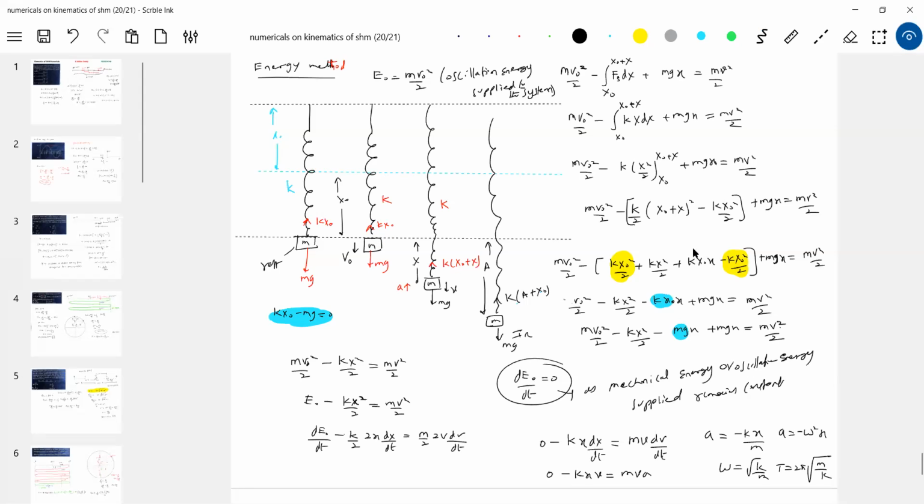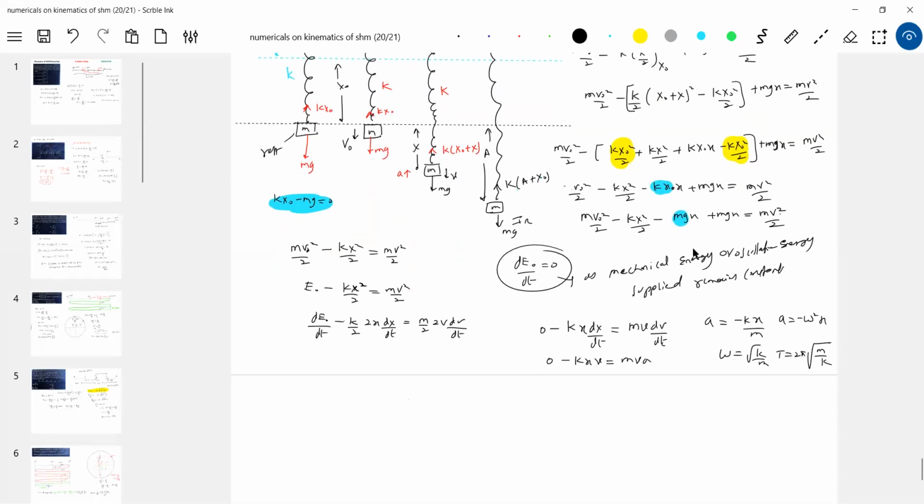That's why in the books, nobody has done it like this. Directly they start from here. The total oscillation energy is equal to the sum of potential plus kinetic, and that's all. In the books, the oscillation energy supplied is directly taken in the form of kinetic energy of the block and elastic potential energy of the spring. Then they differentiate.